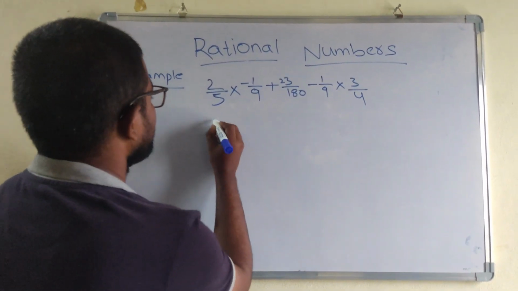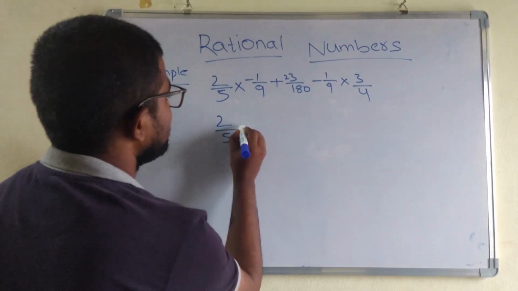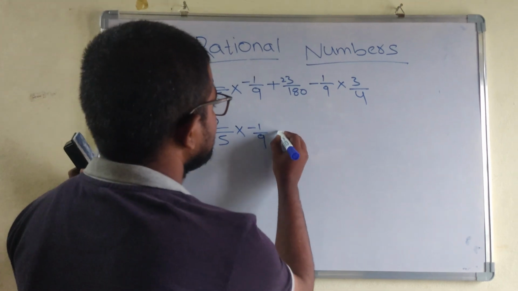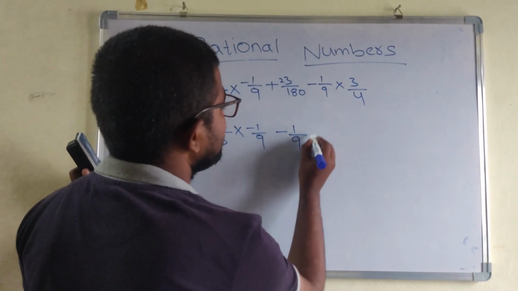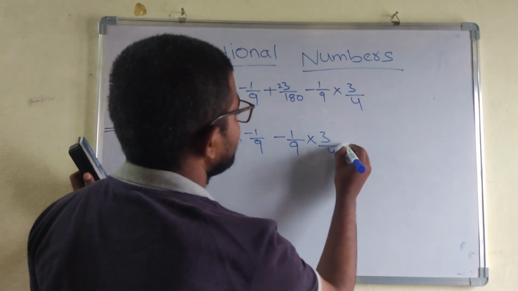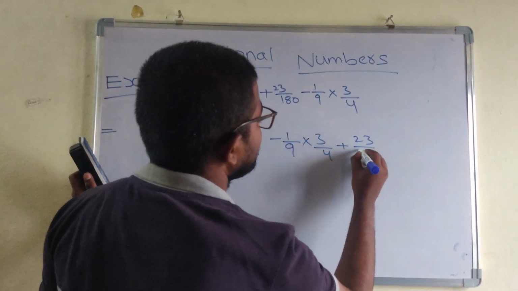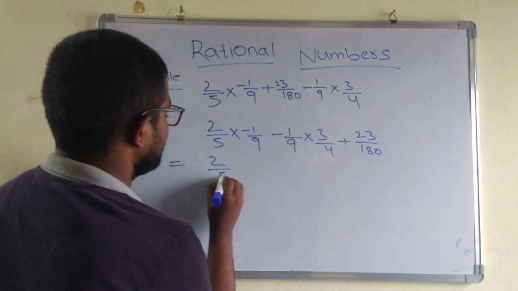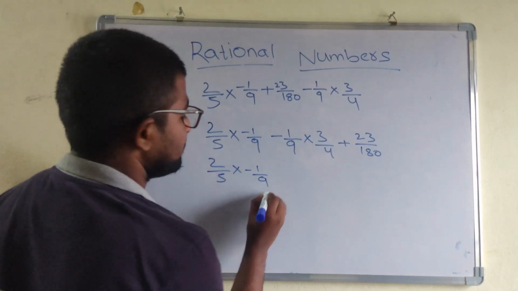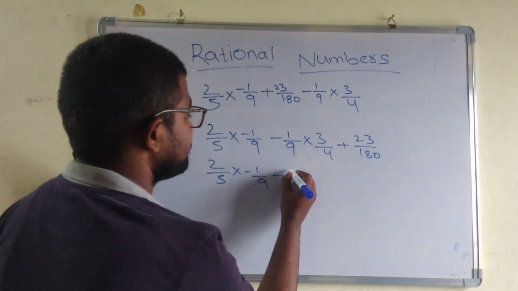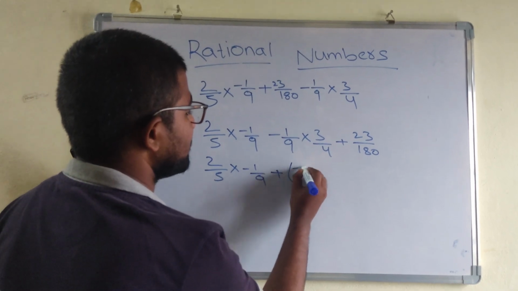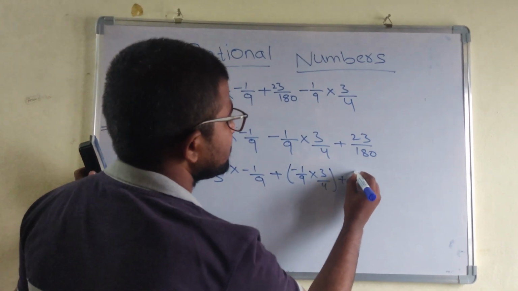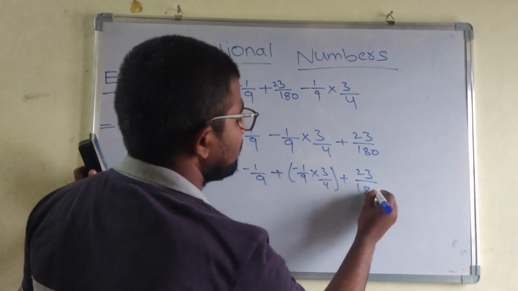That is 2 by 5 into minus 1 by 9, that is minus 1 by 9 into 3 by 4 plus 23 by 180, that is 2 by 5 into minus 1 by 9 plus minus 1 by 9 into 3 by 4 plus 23 by 180.